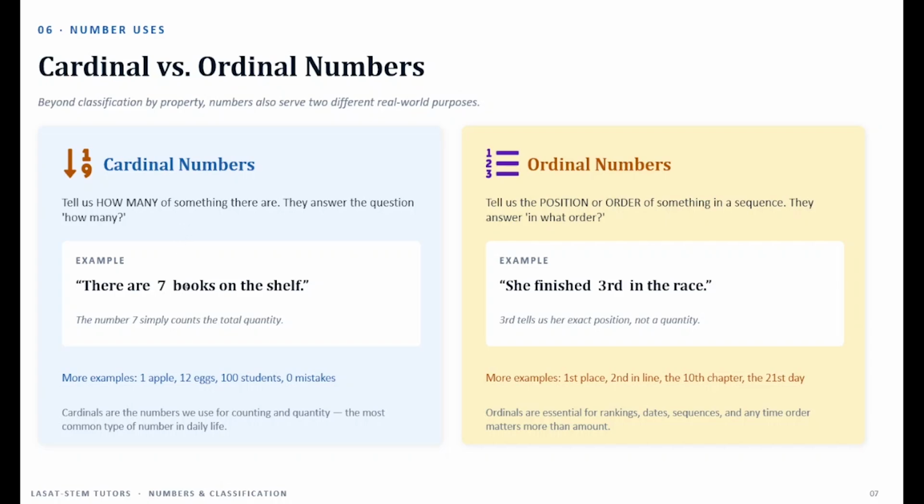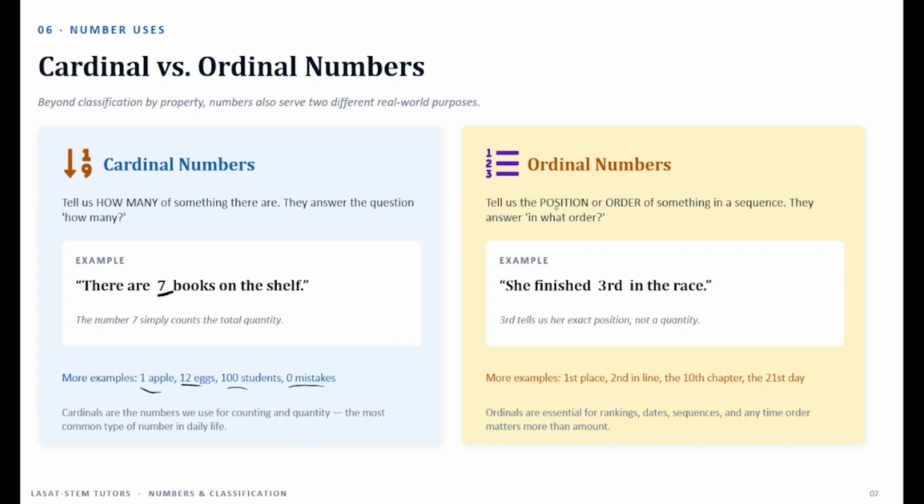So there are 7 books on the shelf. There are 5,000 people at the concert. That number 7 is just a count of the total quantity. More examples: 1 apple, 12 eggs, 100 students, 0 mistakes, and so on. So cardinals are numbers that are used for counting and quantity. They are the most common type of numbers that we deal with.